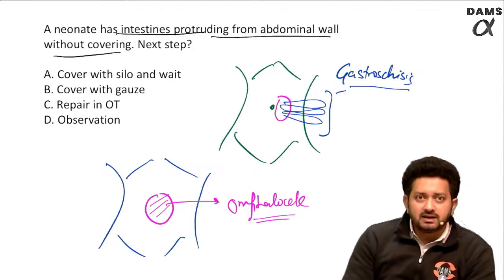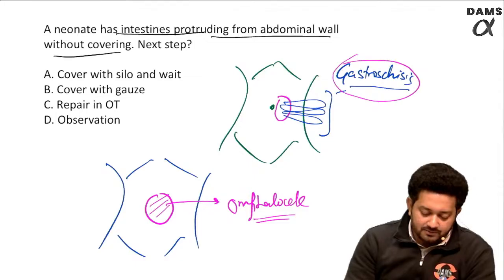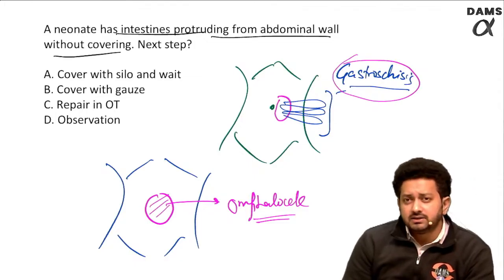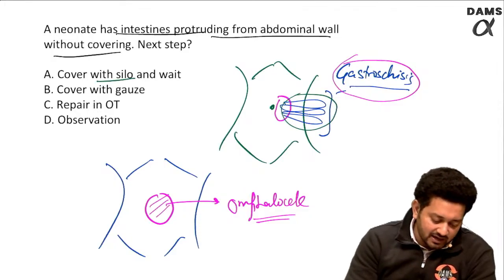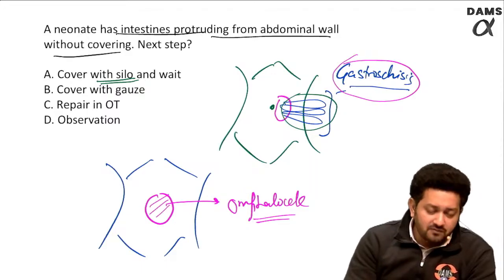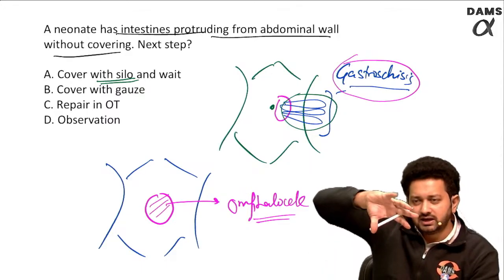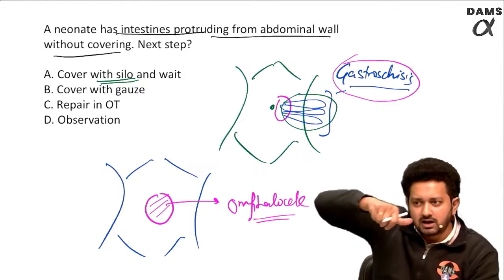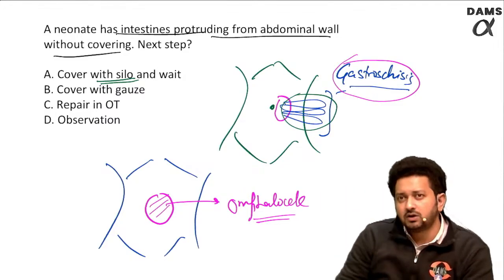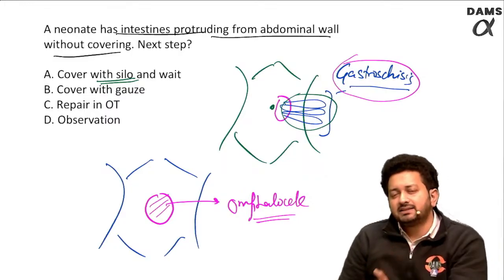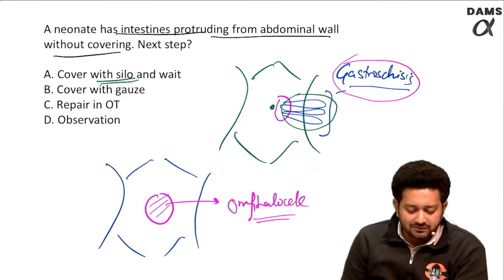See, the main thing is, if the bowel keeps on hanging, then there are high chances of necrosis and ischemia. So first thing is, you need to cover the bowel with a silo. If you gradually start twisting the silo, then it will gradually push the intestine back into the abdomen, and this is what has to be done.